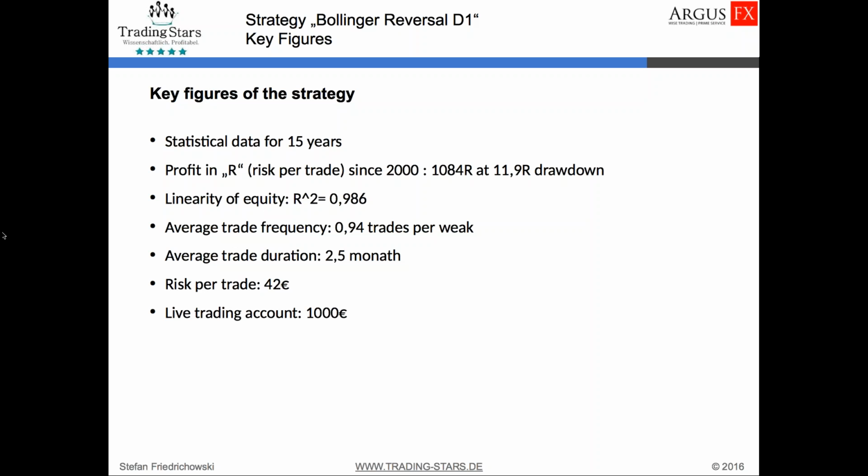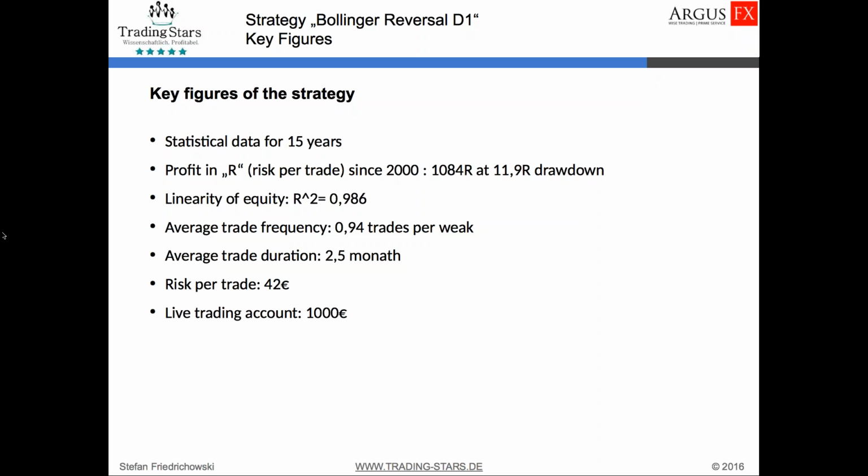So finally, you can multiply the risk per trade with that number in order to get the total profit in euros. We know exactly the drawdown, which allows us to calculate the amount of money such a trading account needs, and we know exactly the risk per trade for that strategy.